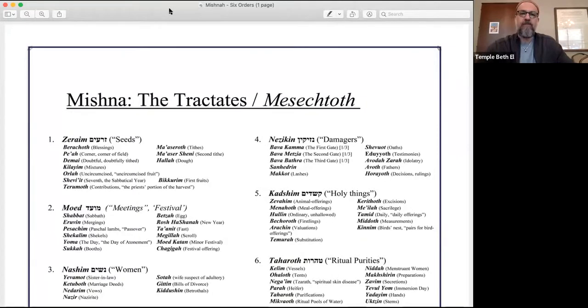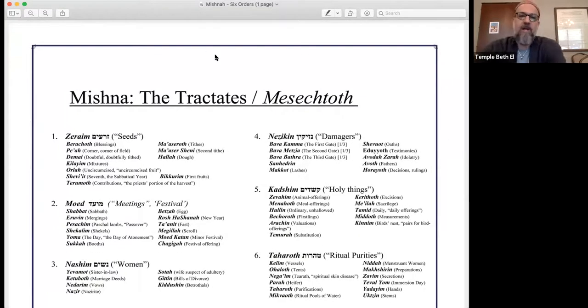The first thing I want to review here is to go over this one last time, because by repeating, I hope to sink a lot of this stuff in. You should be able to see the Shisha Sidrei Mishnah, the 6 Seders, orders of the Mishnah.